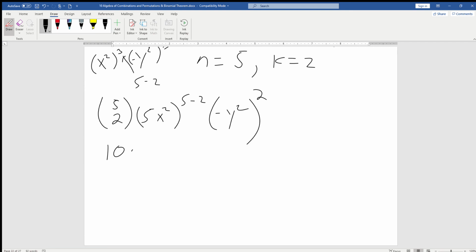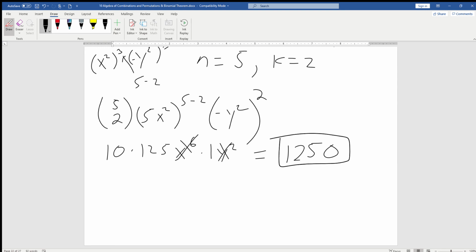We have 5 to the third power, which is 125. X cubed becomes x to the sixth power, and then negative y squared is just going to become a 1y squared. So ultimately we should wind up with 1250, because again we really don't care about the exponents or the variables. Right? And I do have to verify that 5 combination 2 is 10, which it is.